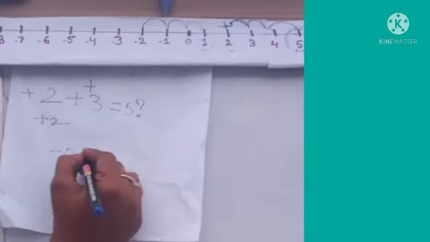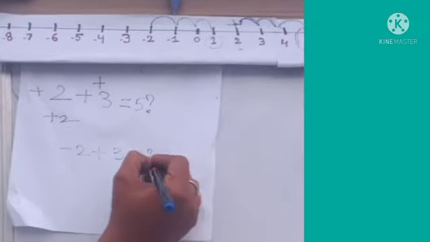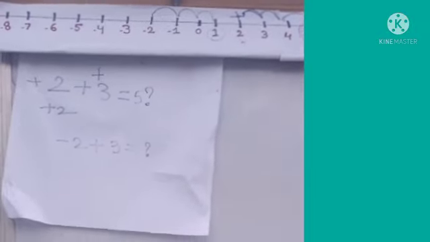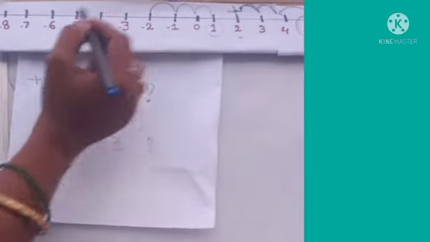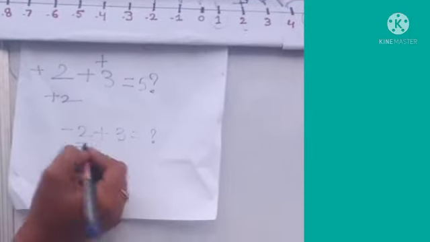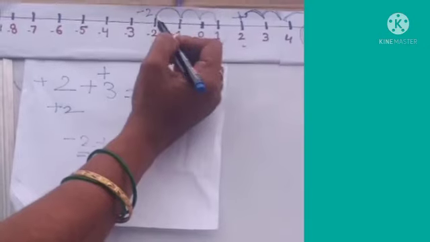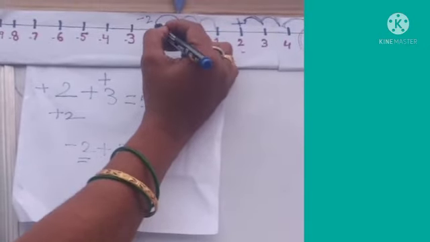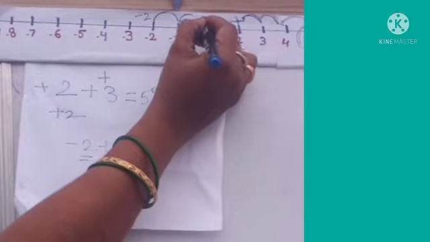And also we can take minus 2 plus 3 is equal to how much number will come. First of all, we take the left side of 0. That means minus numbers. This is minus 2. And also we follow 3 steps: minus 1, 0, 1.